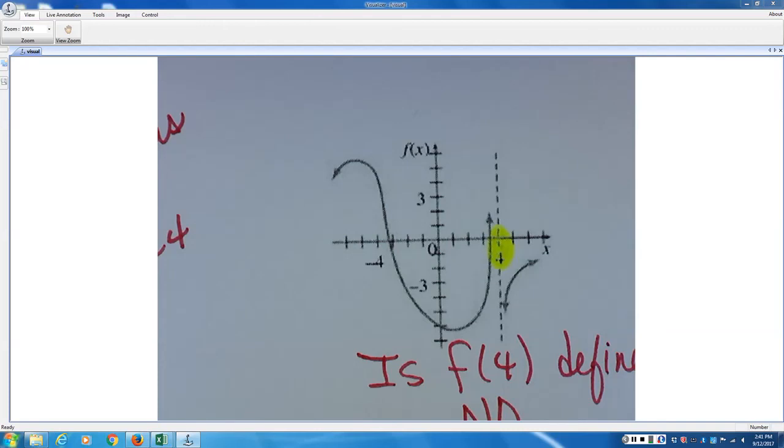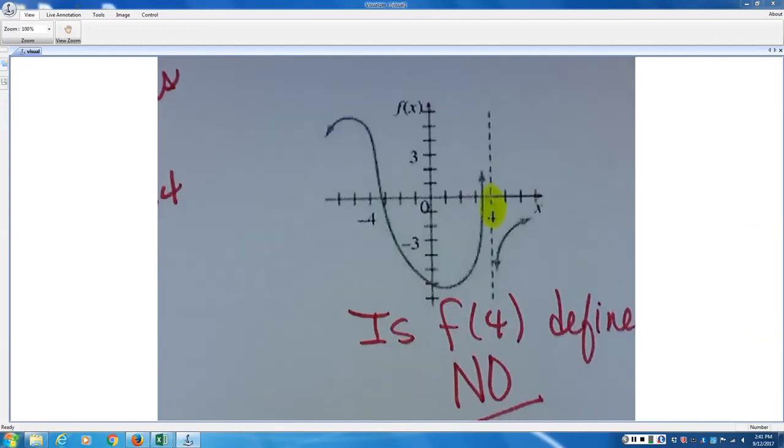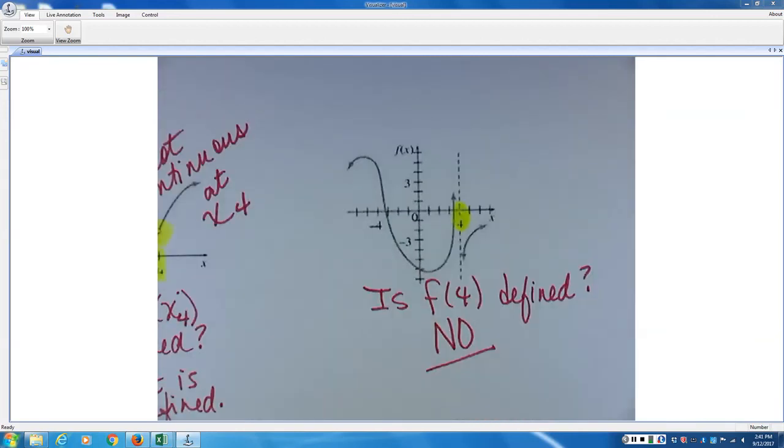Undefined and does not exist mean the same thing. Okay? So given that, do we need to do anything else? No, we've already proven what we wanted to know. There's no step 2, step 3.